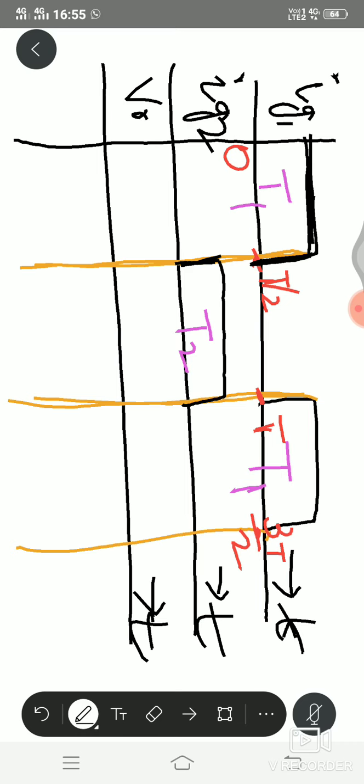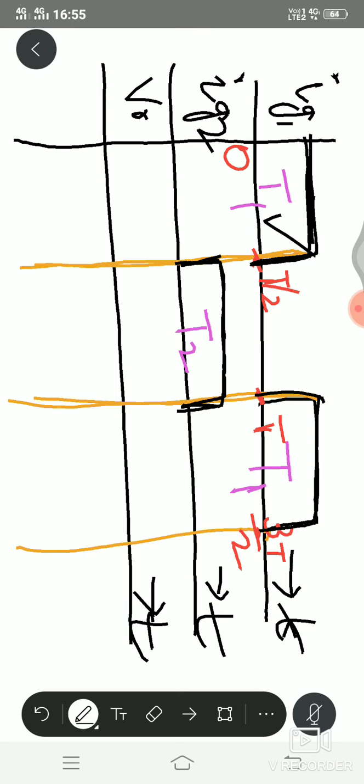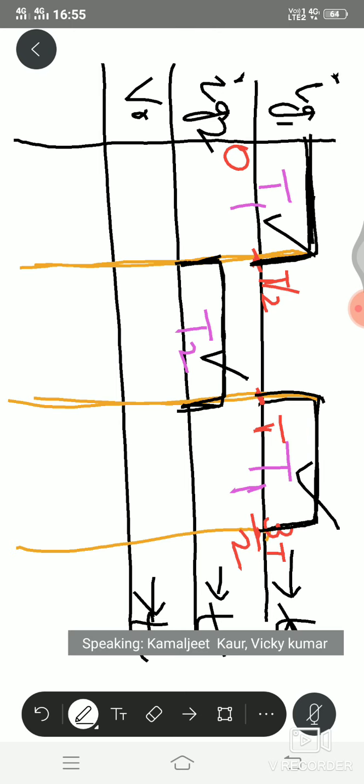And then case 2 comes into the picture. T by 2 to T, we are firing thyristor T2. And then T to 3T by 2, again we will be firing T1. So first T1, then T2, then once again T1, then after that T2. In this way the cycle will keep on going, right?